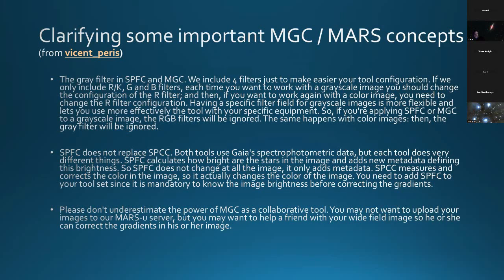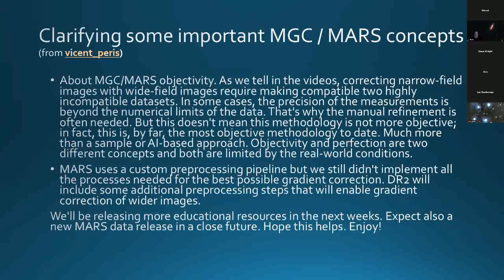You may not want to upload your images to their MARS server, but you and your friends may want to help out. Basically, what they're trying to do is correct narrow field images with wide field images.